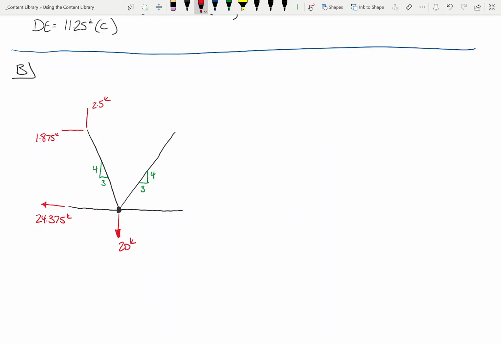Oh, wait, okay. Yeah, this is tension, right? So if this is tension, vertical, up or down? What about horizontal? So I've got that. This is BC. This is BE.